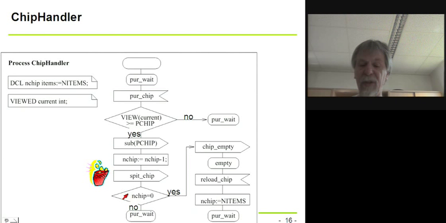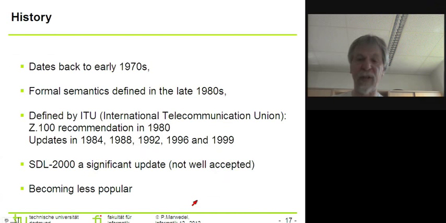If as a result there are still more packages of potato chips available, then we go back to that purchase wait state. Otherwise, we turn the indicator that no more potato chips are available on. We go to the empty state and we wait for some staff member to reload the potato chips. We assume that reloading is always to the full capacity of the vending machine. So this example demonstrates one application of SDL.